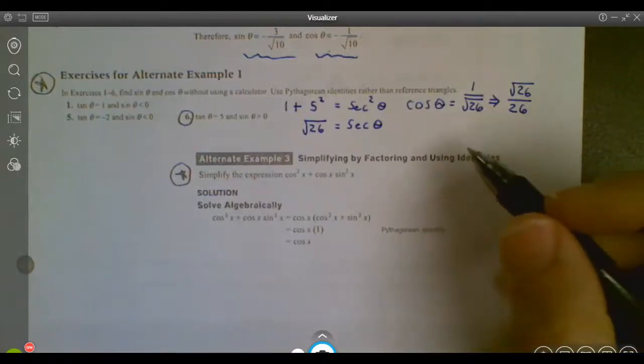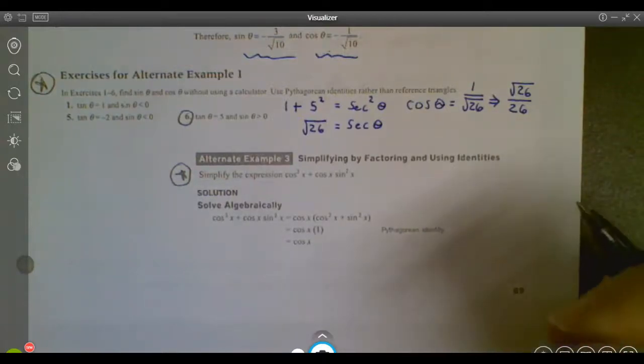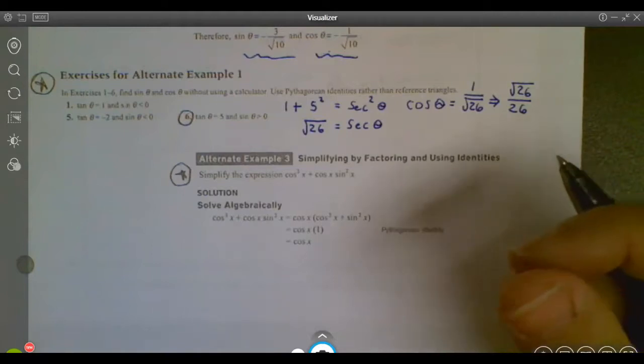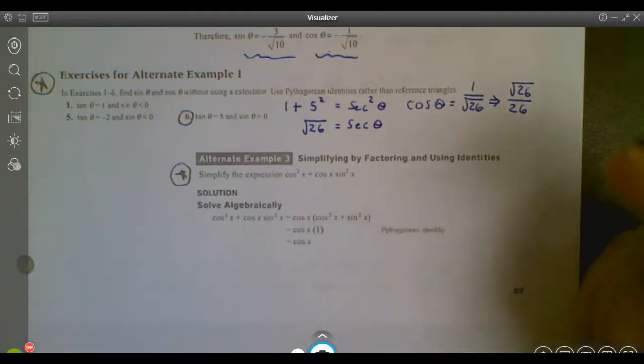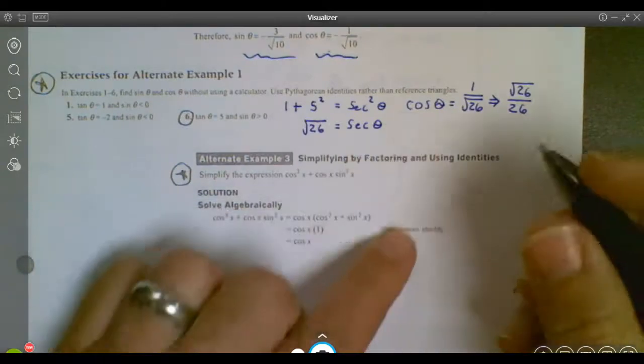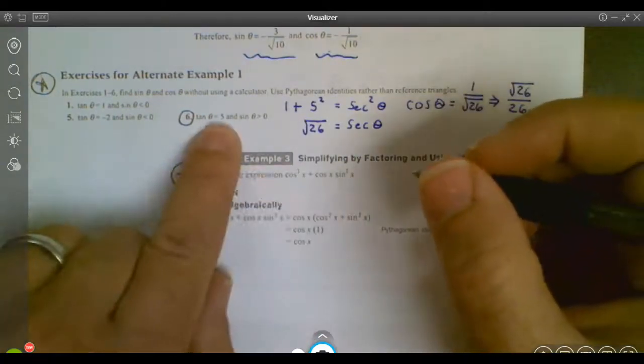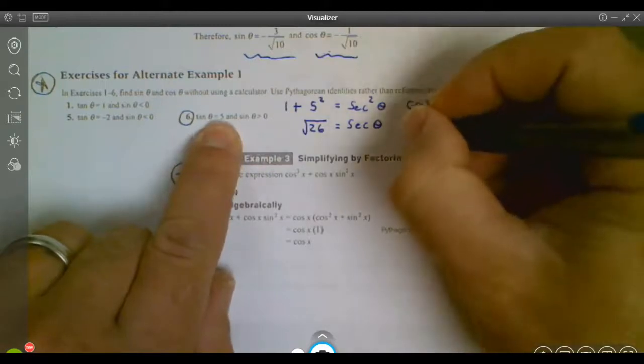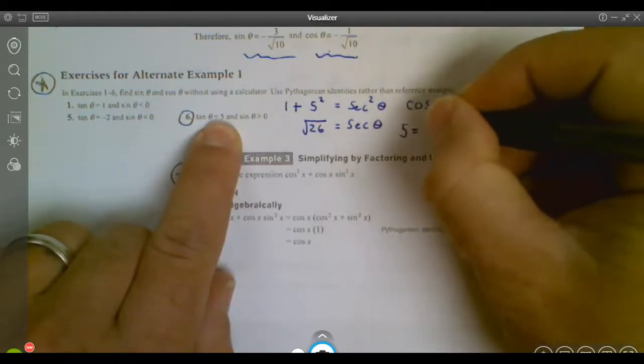Now I can use those to get my sine value, and I have multiple formulas I could plug these into in order to get my sine value. But on this one, I'm just going to use the formula we used. We know that tangent is equal to sine over cosine.